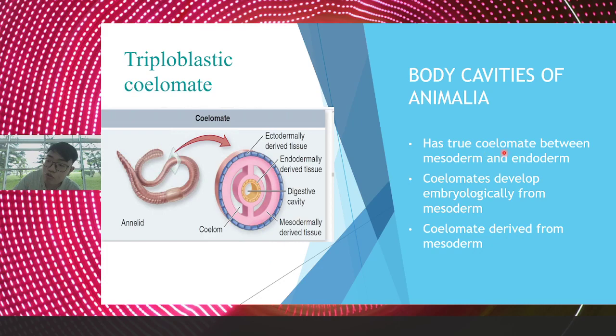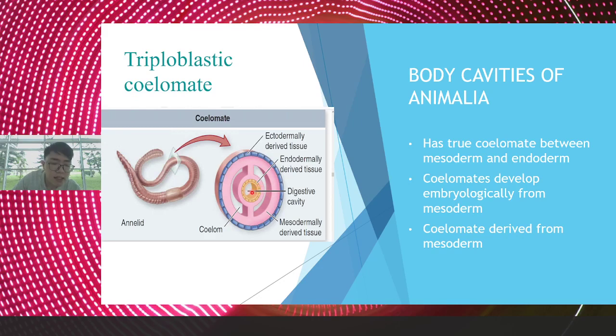So it has a coelom between mesoderm and endoderm. Which part is the coelom? Endoderm is yellow color, mesoderm is pink color, and we see that there are air spaces between them, between the mesoderm and endoderm. But not the middle one.